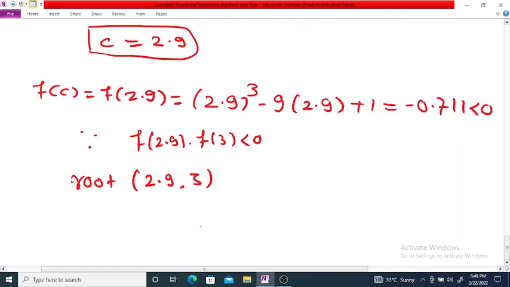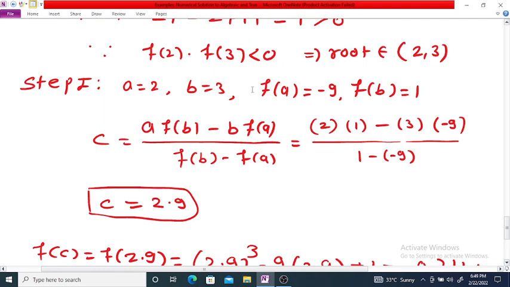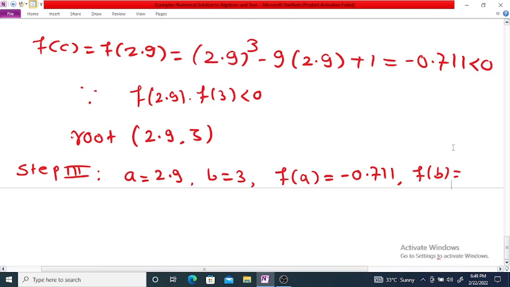So step number 2. Here a is equal to 2.9, b is equal to 3, f of a is equal to f of 2.9, which is minus 0.711, and f of b, that is f of 3, is 1.